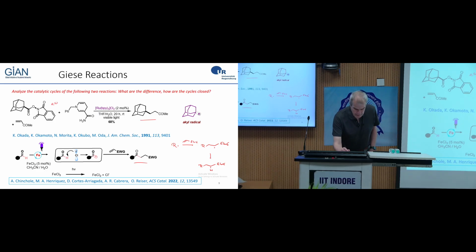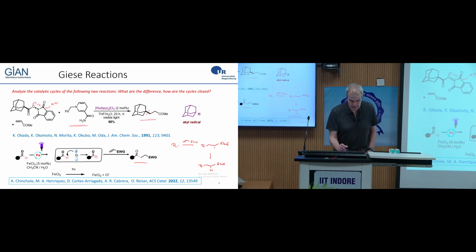We discussed this, where an electron gets injected into the phthalimide moiety, and then ultimately this is fragmenting, making the adamantyl radical here, and then the adamantyl radical is trapping the alkene.